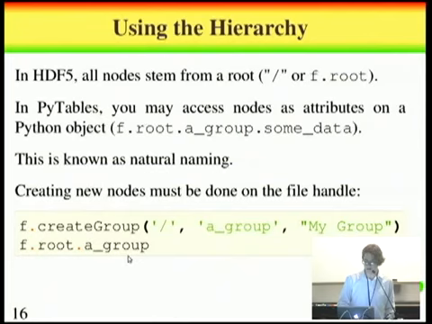You pass it the location where you want that new group to be made, the name of that new group, and then some metadata known as a title, which is more like a doc string than anything else. And then once you do that, you can access this through f.root.agroup.